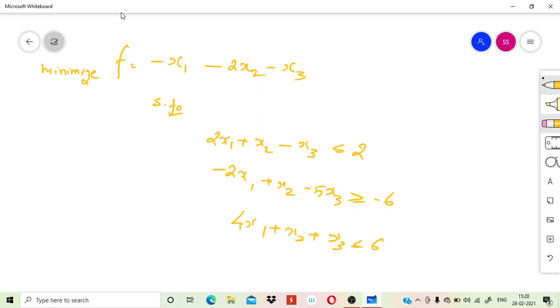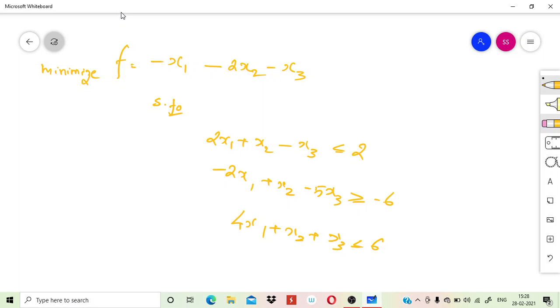So what we have done in our simplex method is we have first converted this into our standard form, by making the constant terms either positives or zeros.